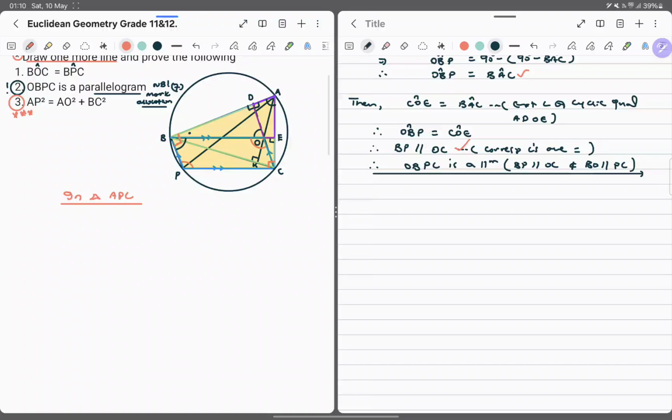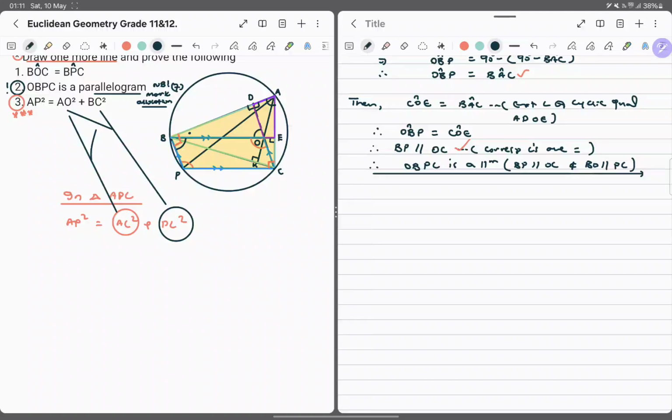So we know that from this triangle, AP squared is going to be AC squared plus PC squared. Now the question is, can we change any one of these two into these? It's either this goes there, or it goes there, or that goes there. We don't know which one. Can we do it?